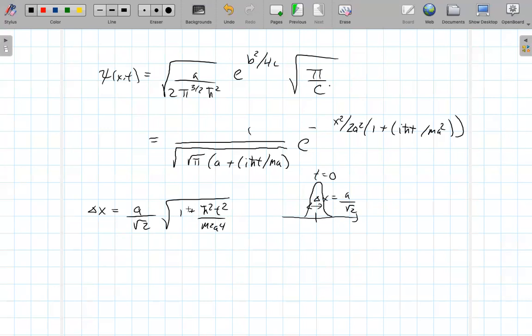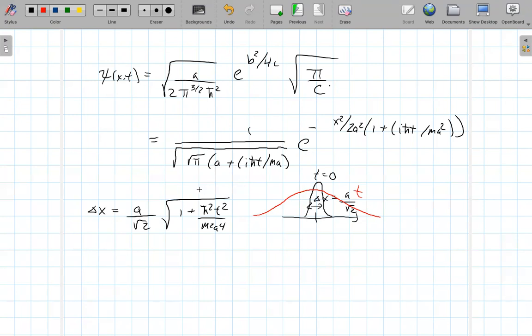As time goes to infinity, this term becomes bigger and bigger, which causes this to become more spread out. As time increases, it does something like this, until eventually, as time goes to infinity, this has infinite uncertainty.